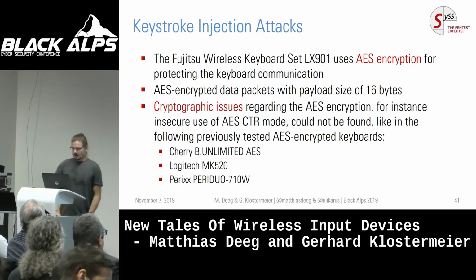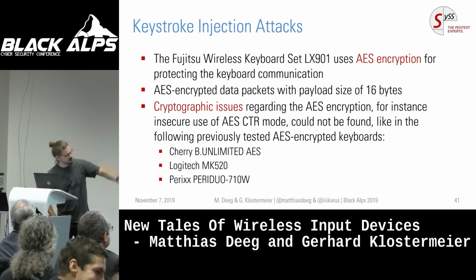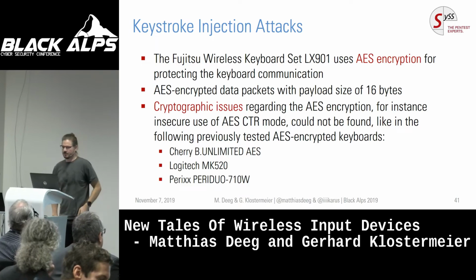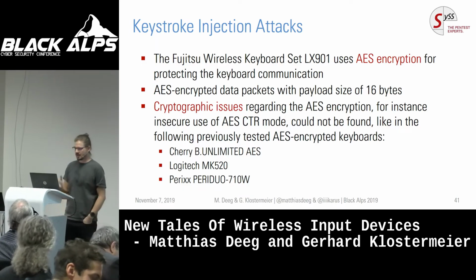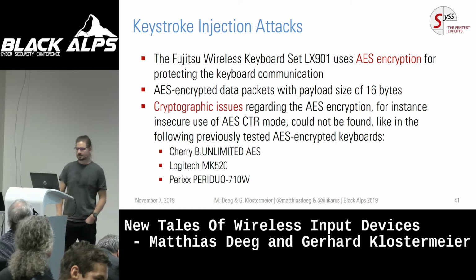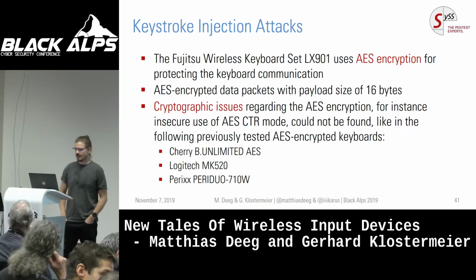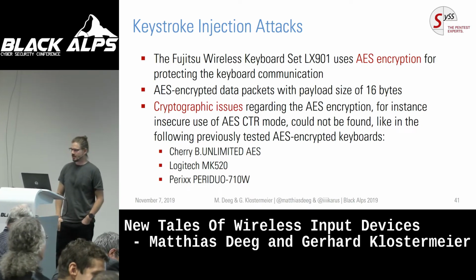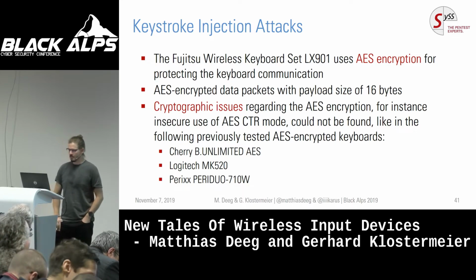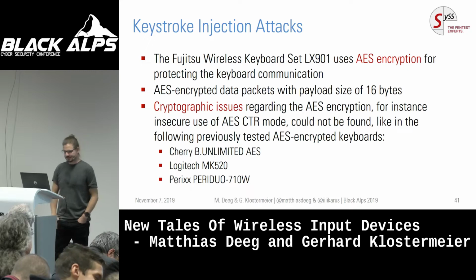Back then, we analyzed the 3 other keyboards down there, and we found a cryptographic issue in the way they use the AES counter mode. So they actually use encryption, they actually use AES, but they just don't use it right, and therefore we were able to inject keys, although we don't know the actual AES encryption key.